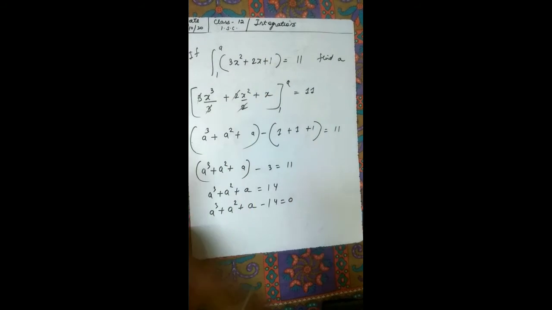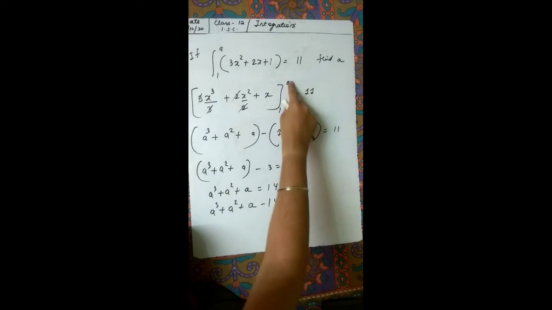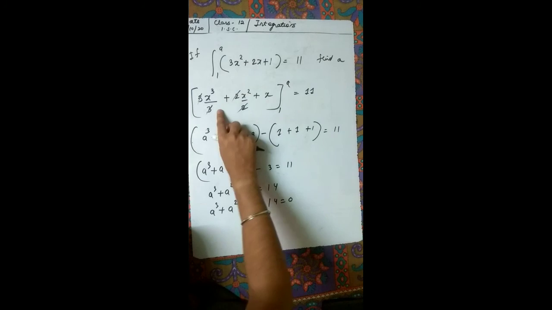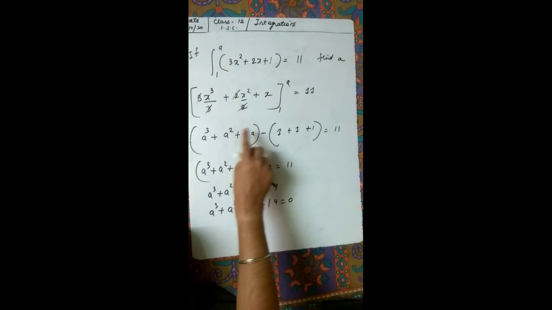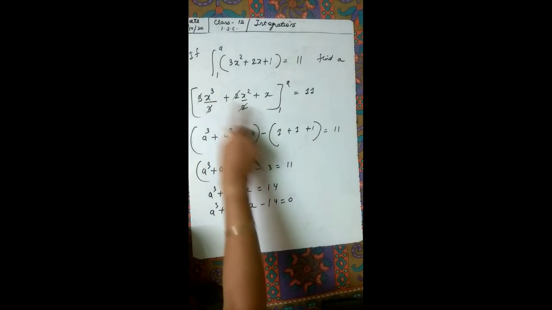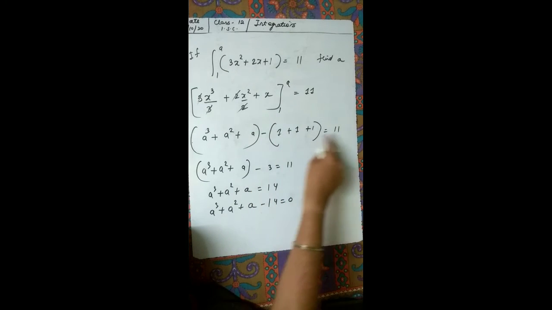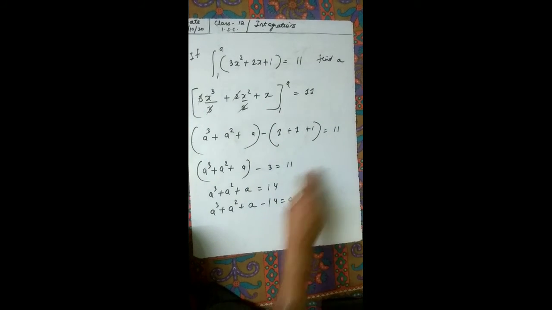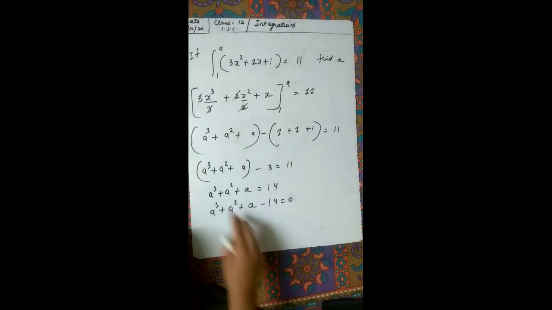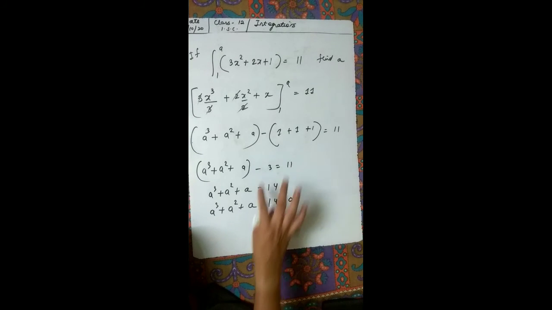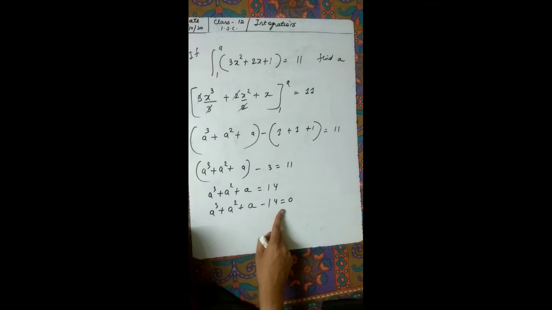Integration of 1 is x. 1 to a equal to 11. Now put the limits: a cube plus a square plus a minus 1 plus 1 plus 1 equal to 11. This is 3. Take 3 to that side, so it will be 14. Take 14 here, or just take 11 here only, so it will be a cube plus a square plus a minus 14 equal to 0.